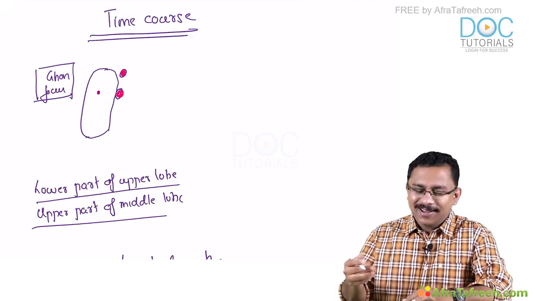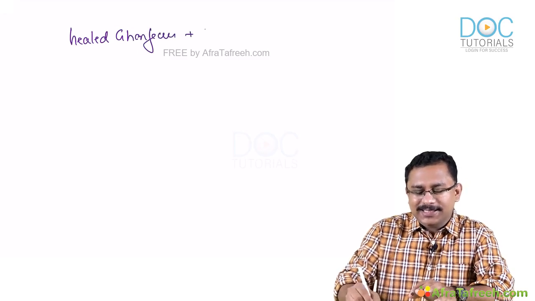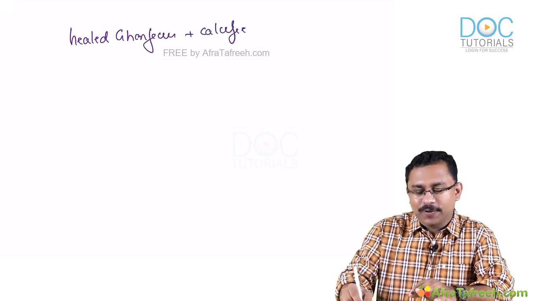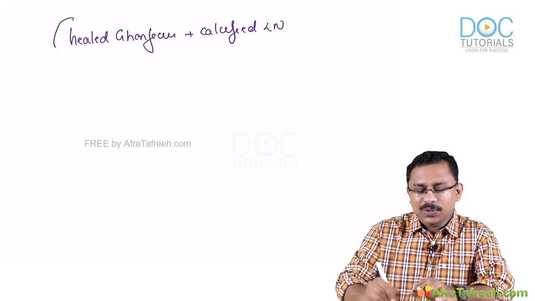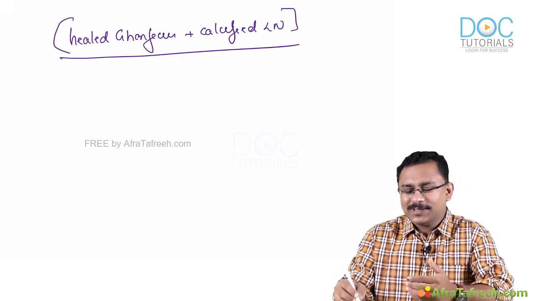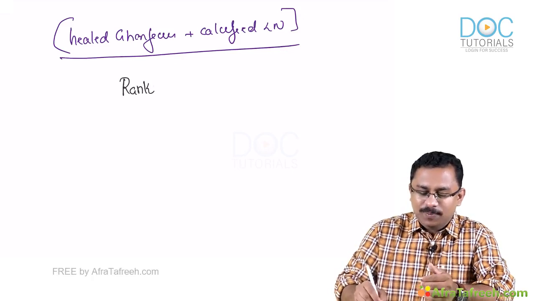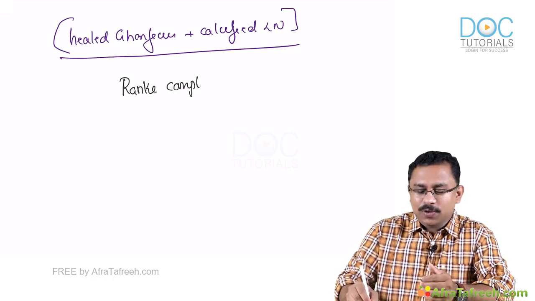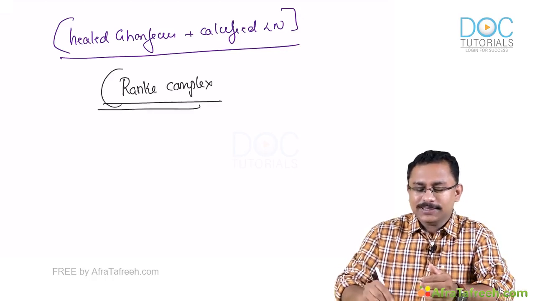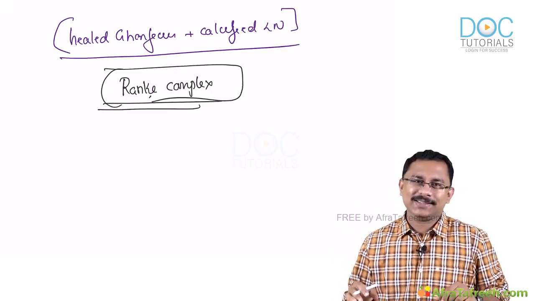You will have a healed and probably calcified Ghon focus plus calcified lymph nodes. Such a healed or calcified Ghon focus plus the calcified lymph node is what you call the Ranke complex. That is when your body has been able to contain the infection.